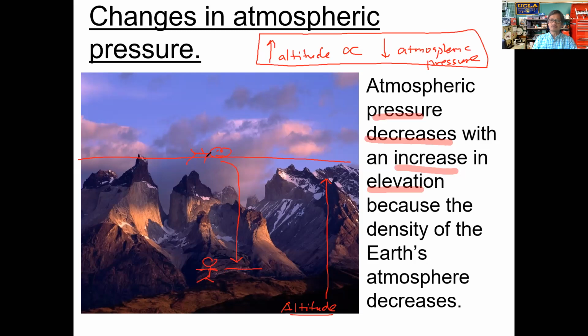But when you get down to the bottom of the pool, you have a lot more water pushing in on you. More water equals more pressure. That's how you want to try to imagine this. You have less water particles up here, thus less pressure. You have more water particles down here, which means you have more pressure.